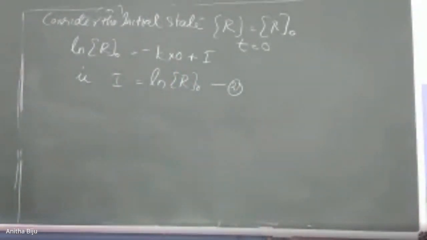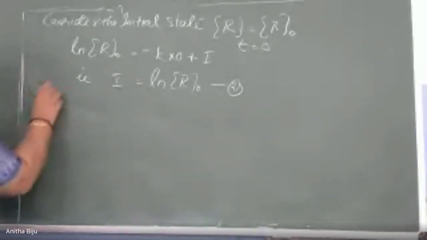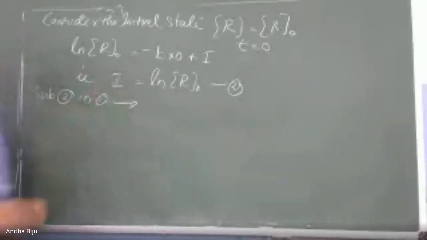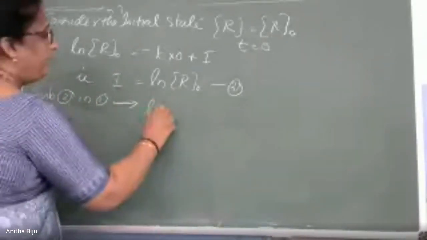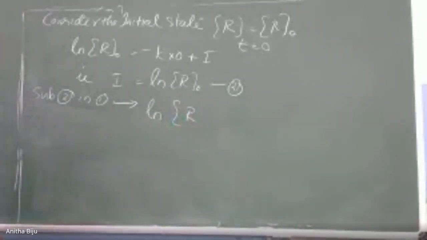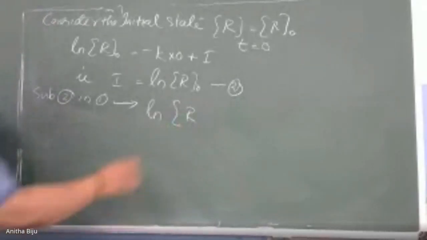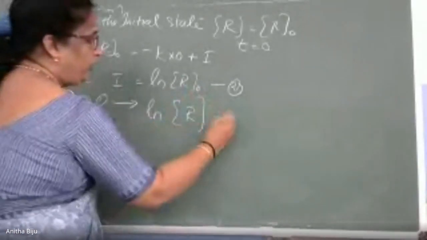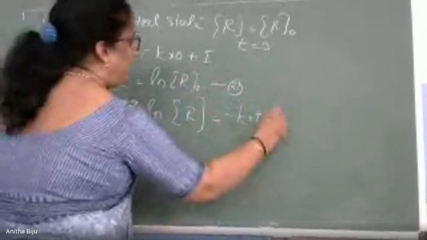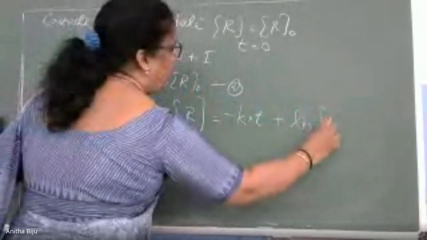Substitute the value, means substitute 2 in 1. What we get? From the previous equation, ln r is equal to minus k into t plus ln r naught.